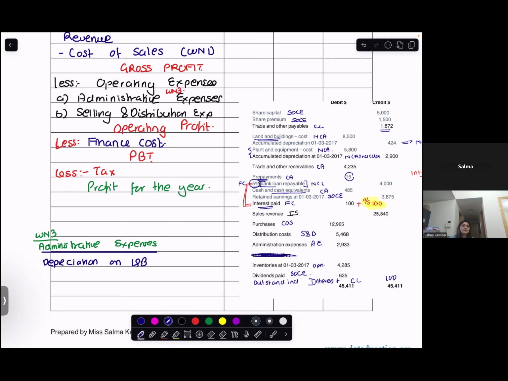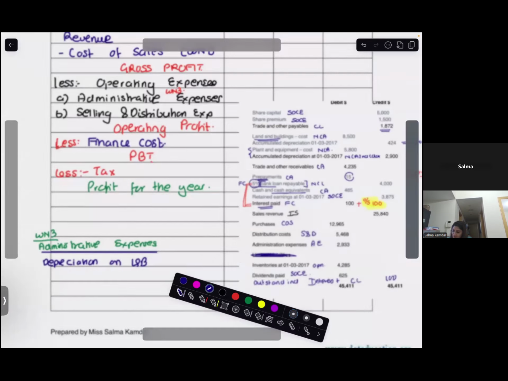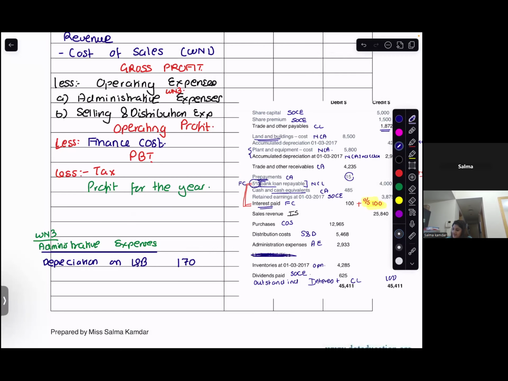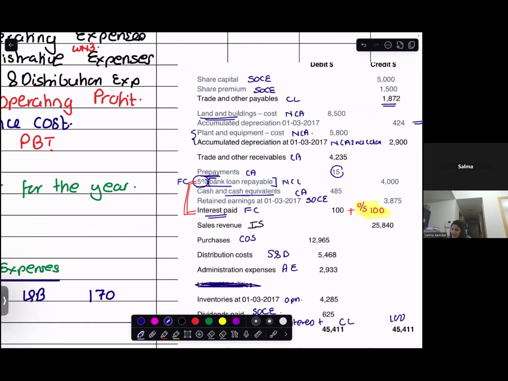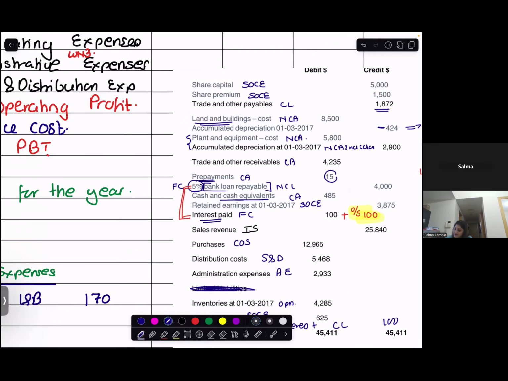How much is it? 117. Please give me the other place where this depreciation would go. In the NCA second column, I will add to the provision for depreciation.